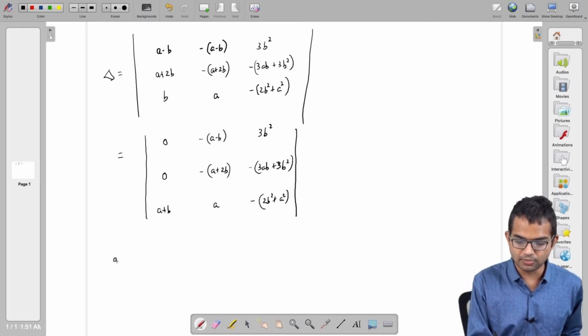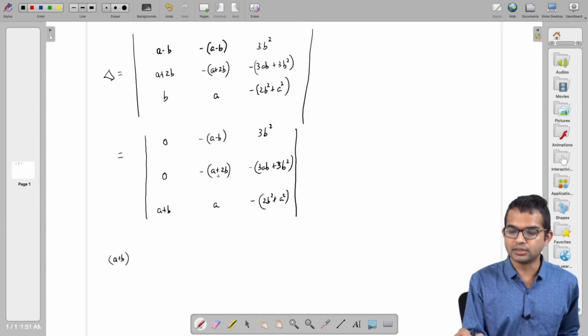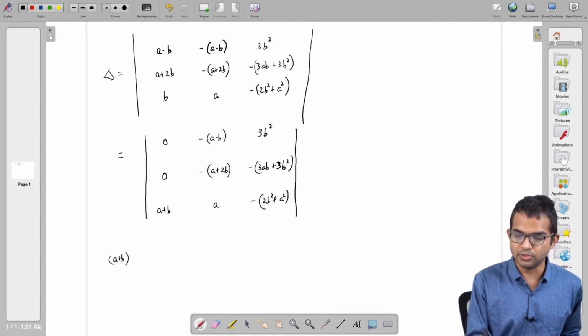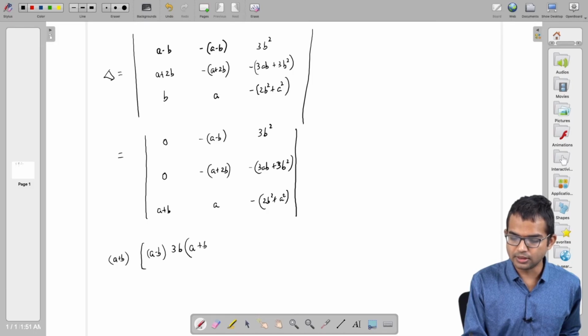So I see that if I go along the first column and I just have this one term, it's just a plus b times the product of these two minus the product of these two, which will give me, so let me write this as a minus b, the minus sign cancels, a minus b times 3b times a plus b.